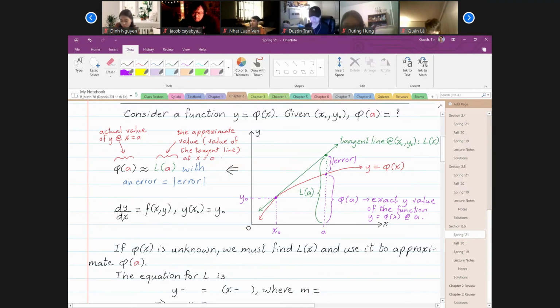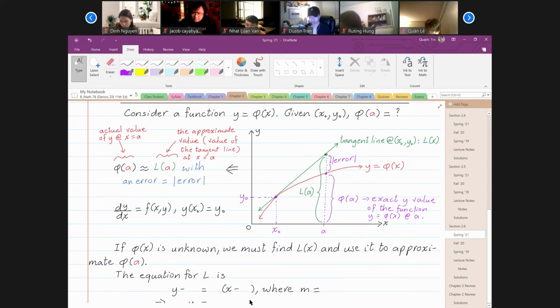Okay. So in this section, we will learn how to approximate the value of a solution at a given x value by using a tangent line. Okay. So that's what we are learning in this section.